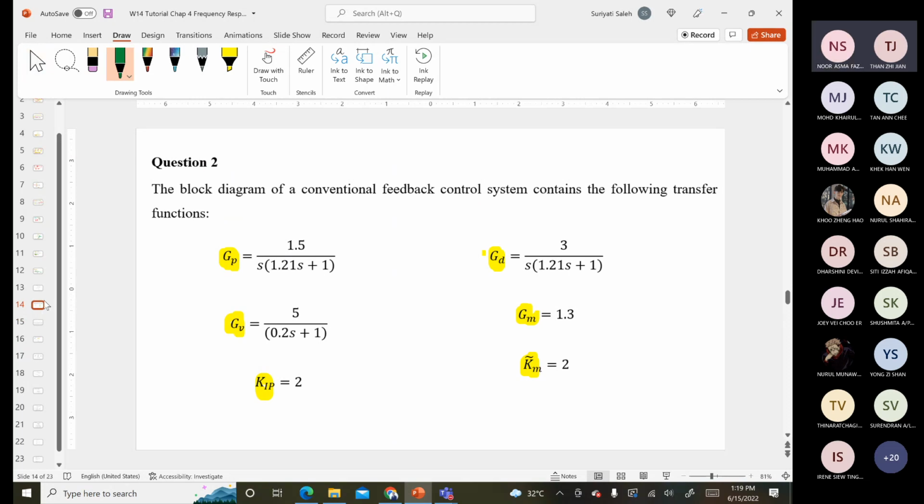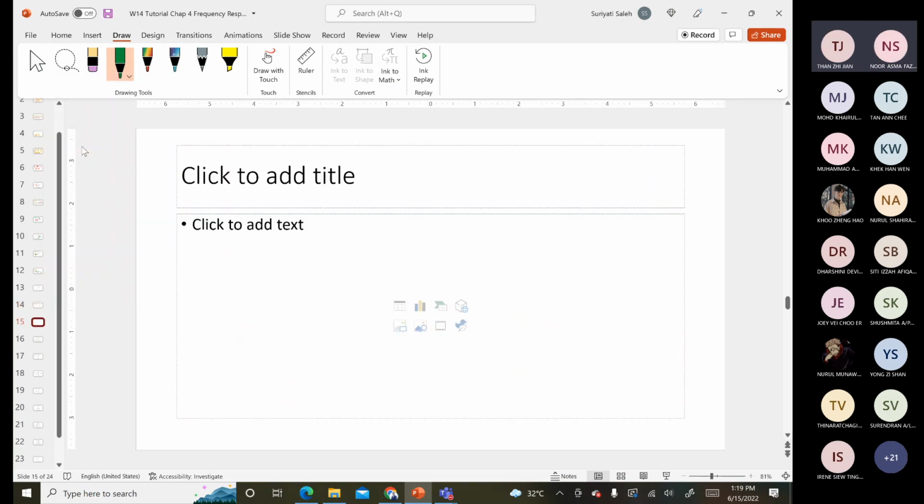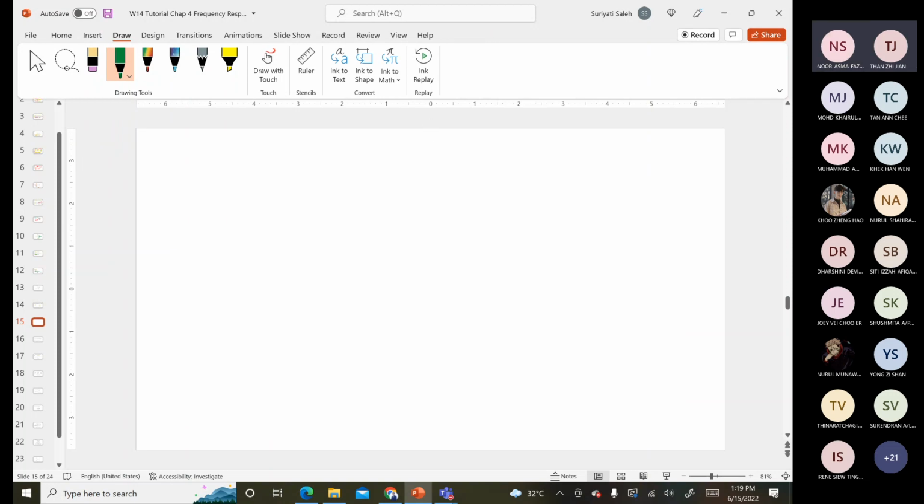Meaning that if we try to represent it in the block diagram, it becomes like this. We know the block diagram, you have this, and then you have the Km bar. Then you have this, you have the GC, and then you have the GV.